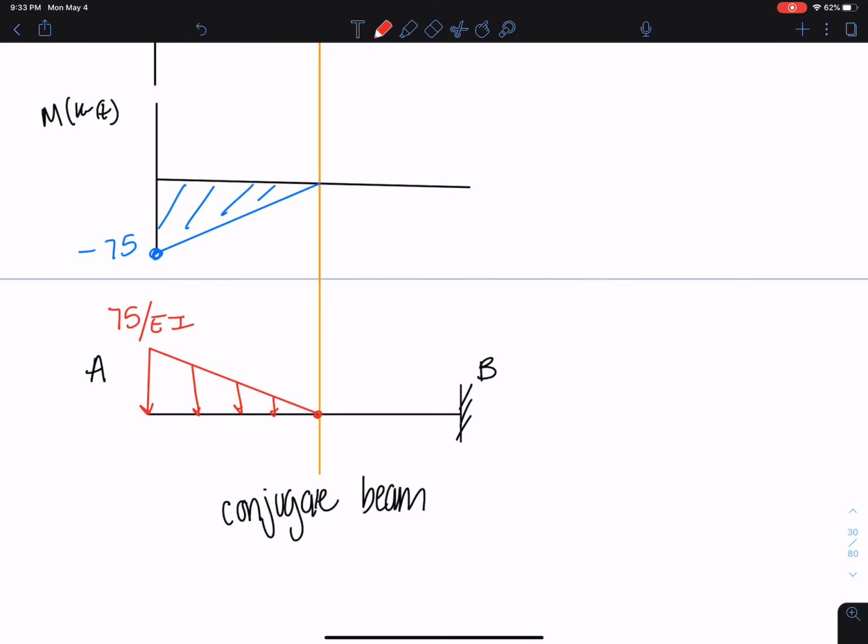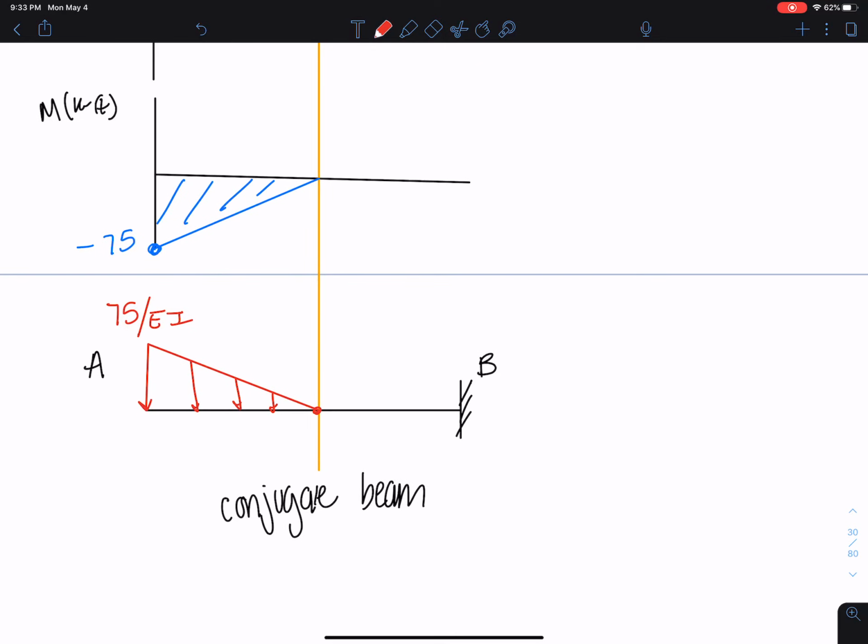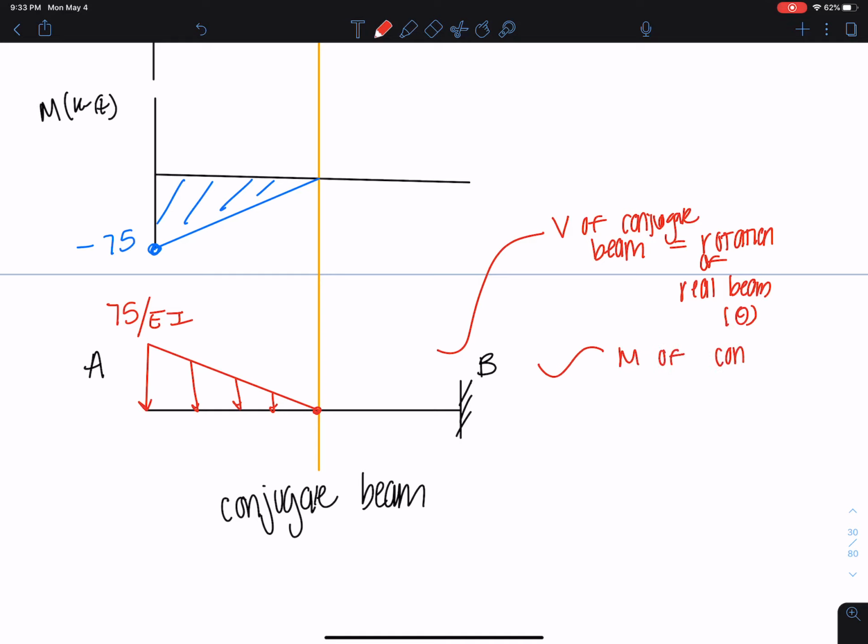And now all I have to do is analyze this conjugate beam. So V of the conjugate beam is equal to the rotation of the real beam. And then M of the conjugate beam is equal to the displacement of the real beam.